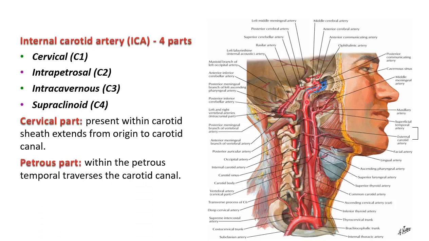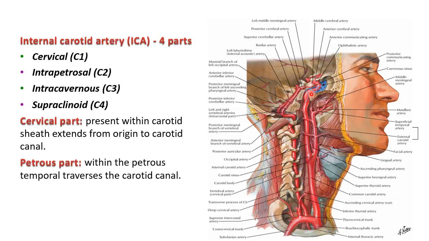The lower opening of the carotid canal you can see in the base of the skull, norma basalis. But the upper end of the carotid canal you will not be able to see, because it opens into the posterior wall of the foramen lacerum.